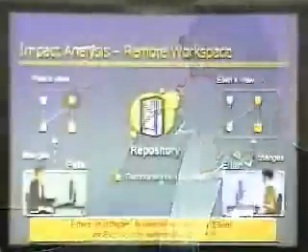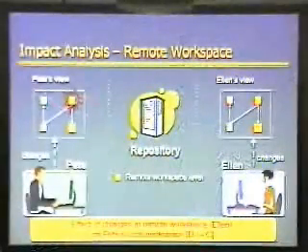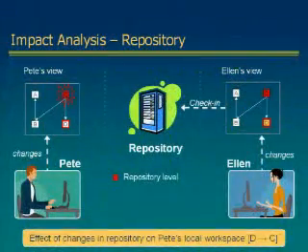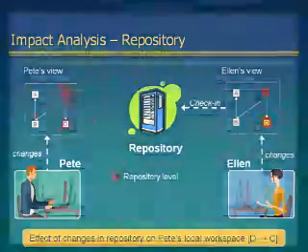With yellow, it's a relatively low severity or low warning signal because she might just revert her changes back. So we do not know for sure if it's going to be a conflict or not. Because of changes to D, C would be breaking and Pete would be notified about that. Now let's assume that she actually finishes the changes and checks it in. The signal becomes red now because now there's a definite conflict because the change is in the repository.